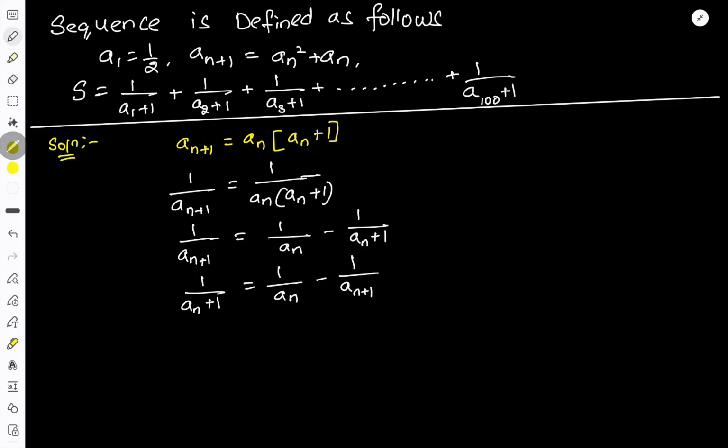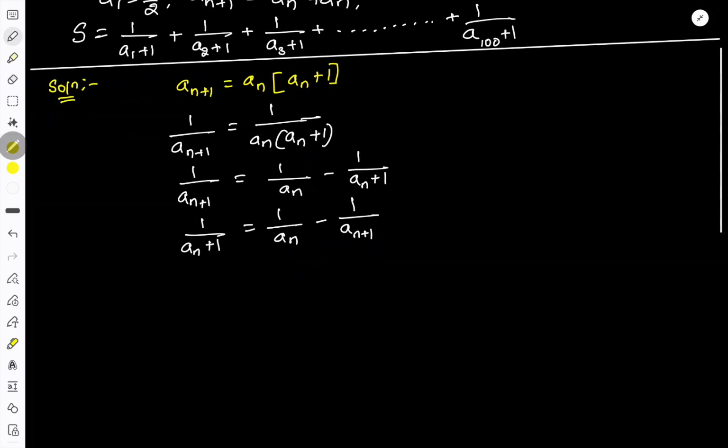Alright, so now I'll apply sigma, where n starts at 1 to 100. In the same way for the left hand side also, you put sigma n is equal to 1 to 100.